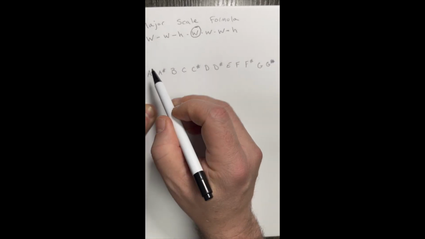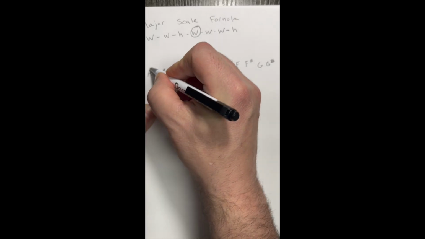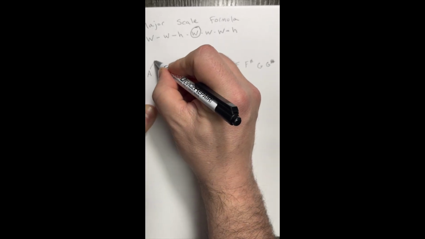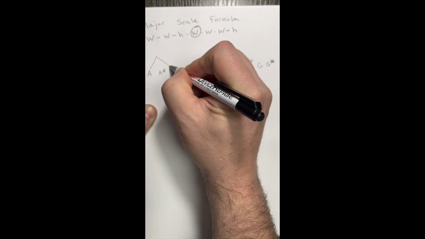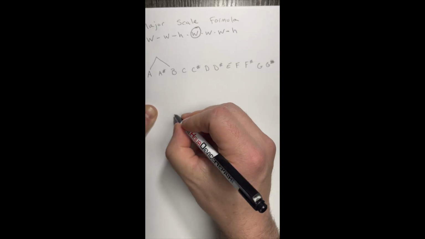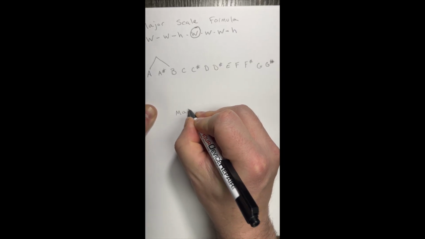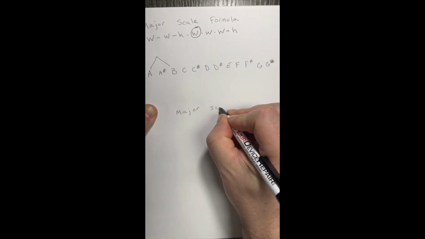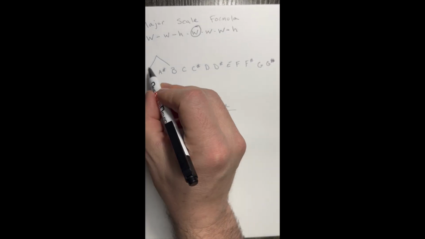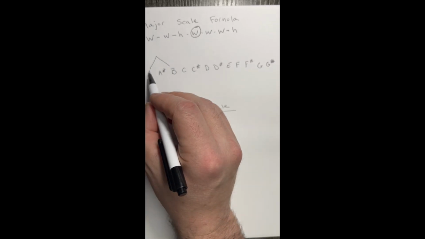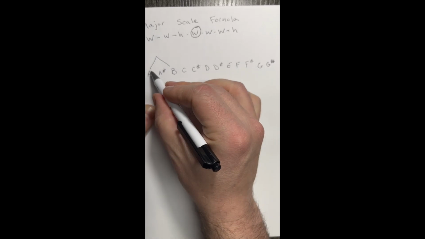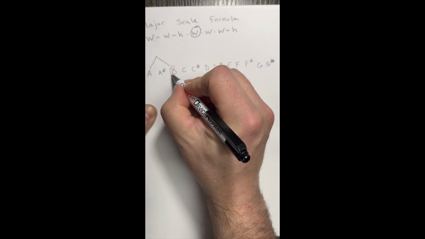I can make this little line here, and I'm going to go a whole step from A. That gives me B. Let's write out the notes that we get here. So here we're going to have our major scale. Just underline that. We start with our root note, this will be A. And then we went a whole step, and we got B.